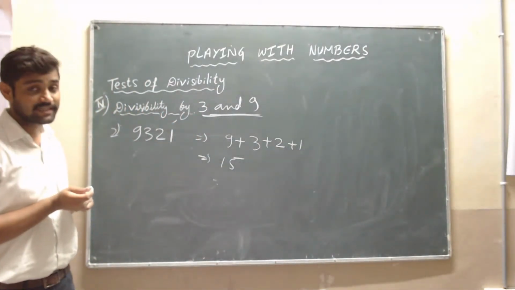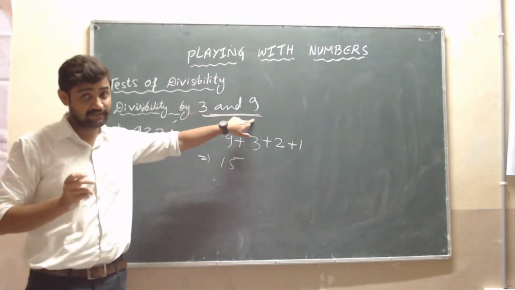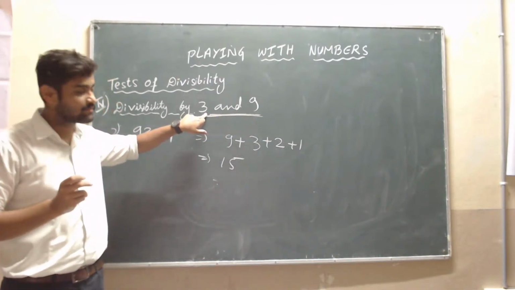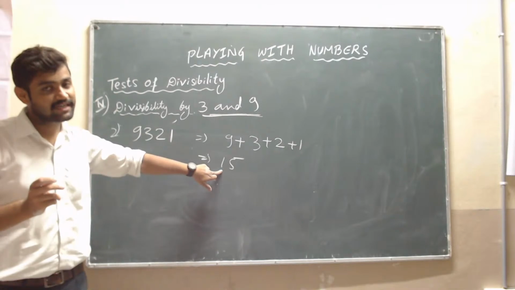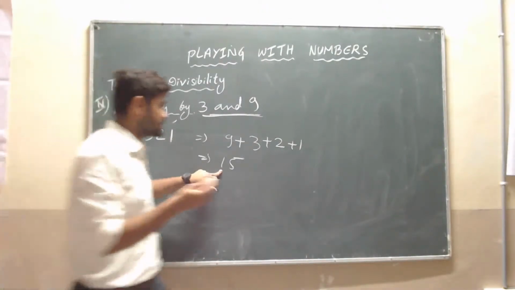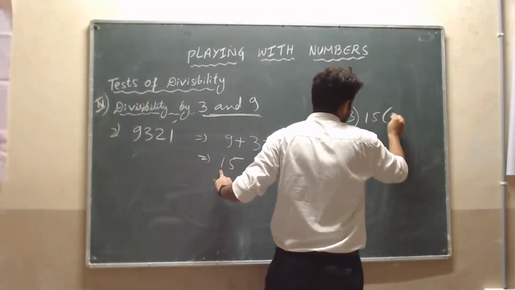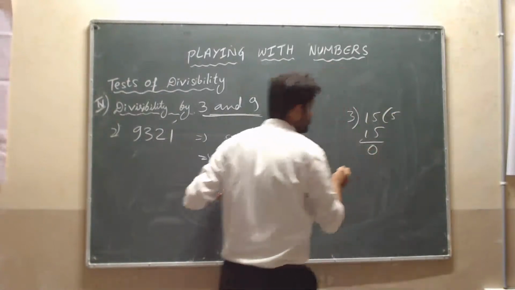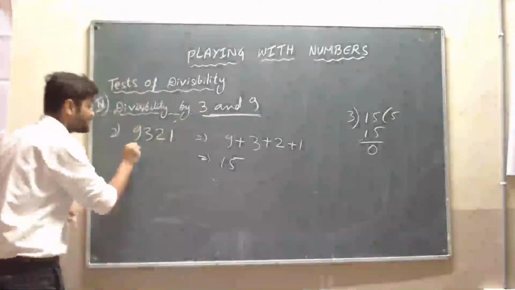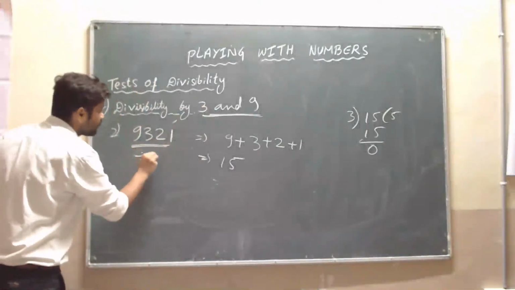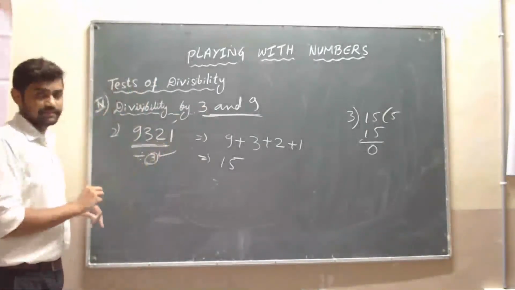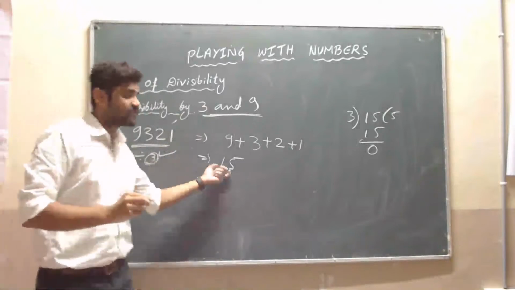Then we have to check with 3 and 9. First 3: whether 15 comes under the 3 table. Sure sir, 3 fives are 15, the remainder is 0, so we can easily say that it is divisible by 3.